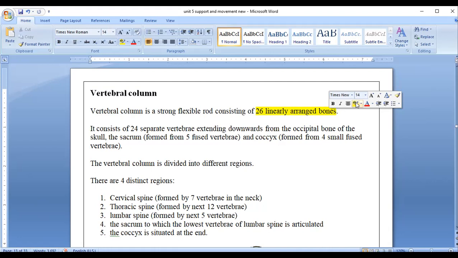Think, if the vertebral column were a single bone, then could you perform ruku? No. Could you perform sujud? Could you bend yourself? No, no one could do that.